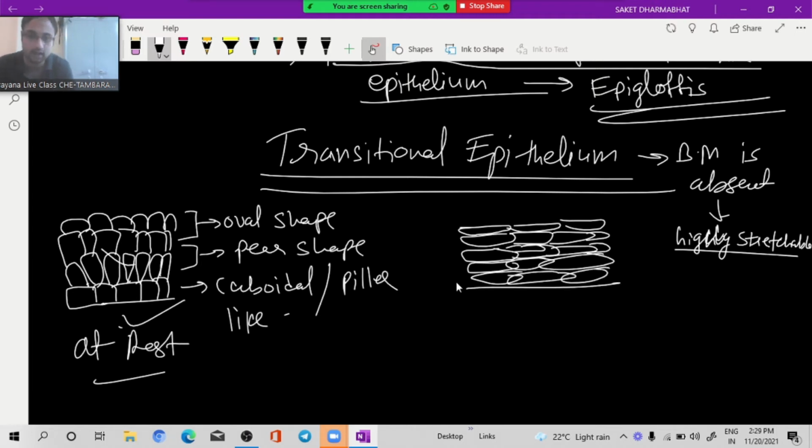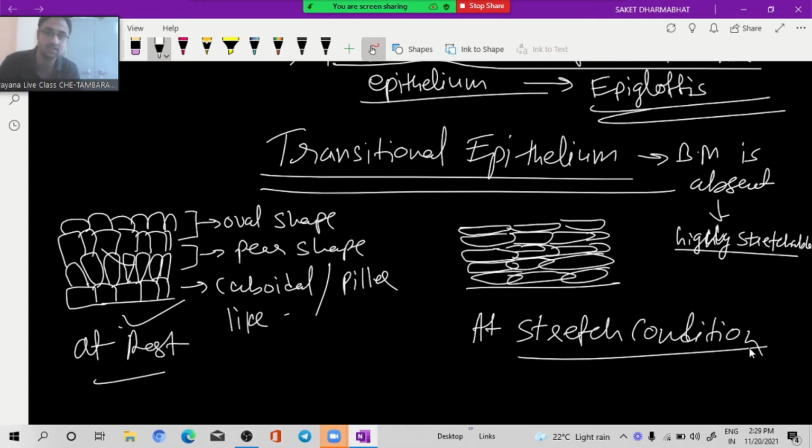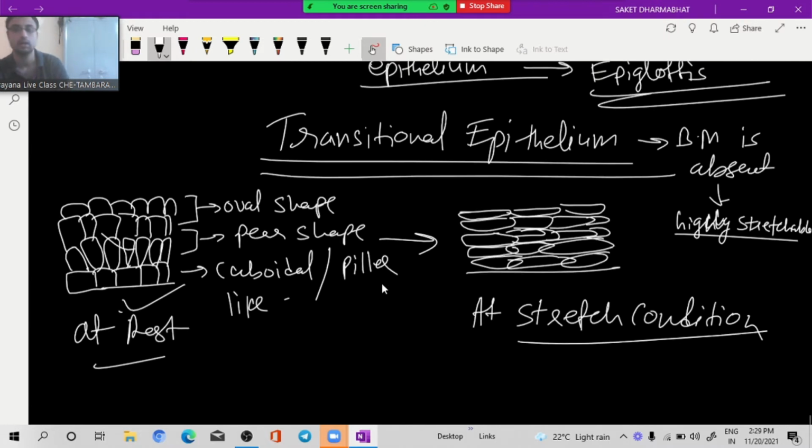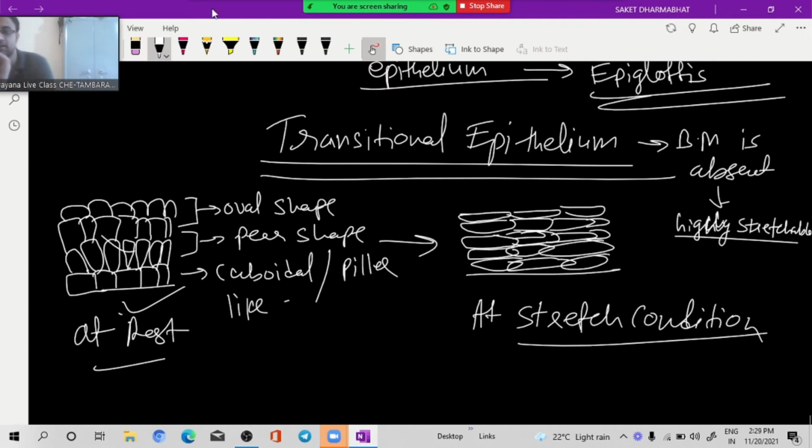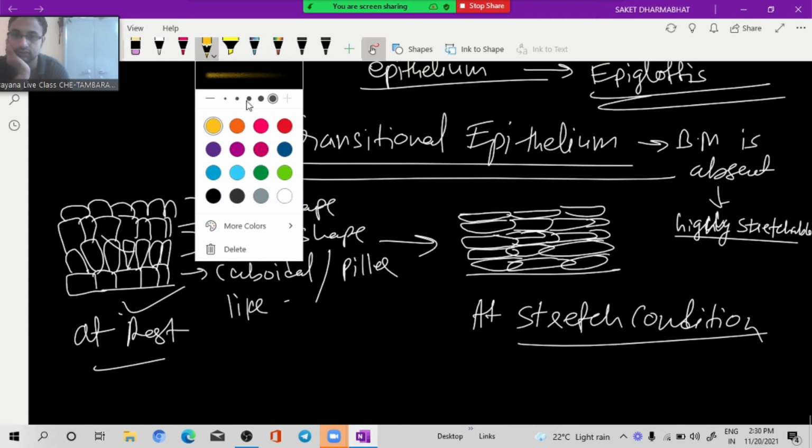Understood? At stretch condition, all cells become what? Flattened. Clear or not? Okay. Now one thing, see, there is one layer of cuticle which surrounds it.